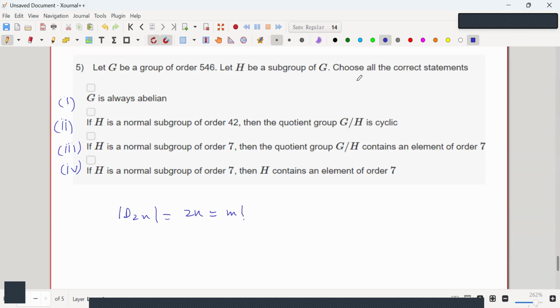Because if it is isomorphic to some Sm, then its order should be m factorial, right?